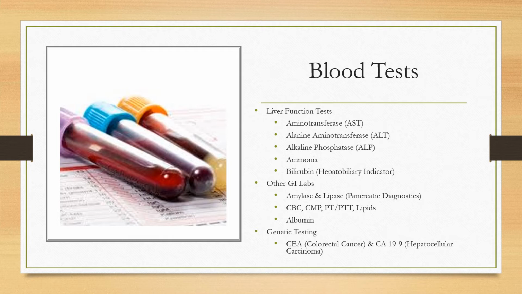Ammonia. What causes elevation of ammonia? Ammonia is typically processed in the liver. It comes from amino acid metabolism, and it's a toxic chemical, so the body converts ammonia to urea, which is excreted as blood urea nitrogen in the urine. It's a non-toxic substance.